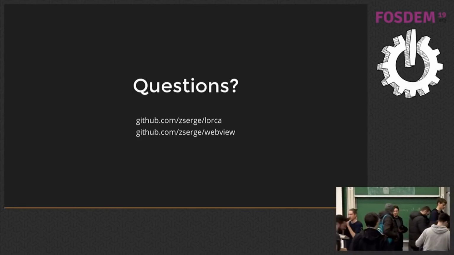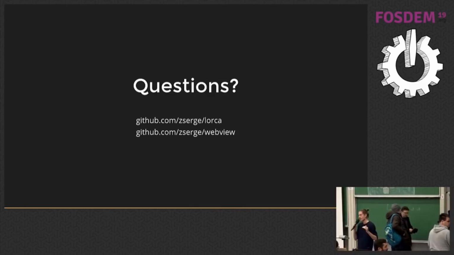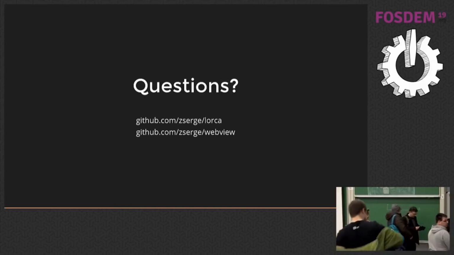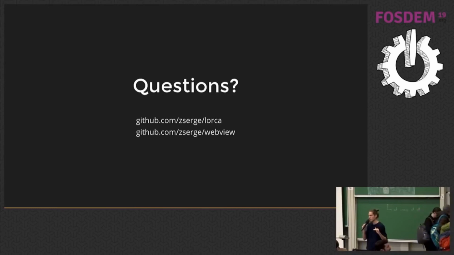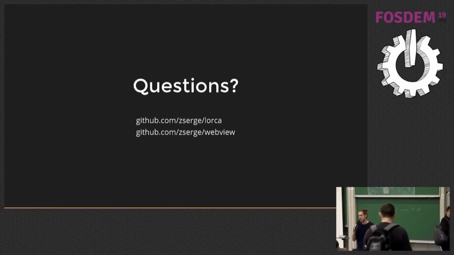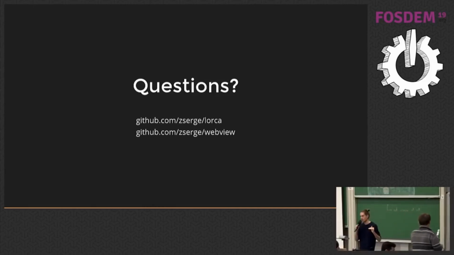That's a very good question. So for Lorca, yes, you don't need to transpile anything. You may not use Babel. Everything is out of the box because Chrome is a decent browser. For WebView, the lowest common level is Internet Explorer 11, which is fairly terrible. If you don't want to target Windows 7, Windows 8, then your lowest denominator is Edge, which is very decent. You can use Promises, you can use ES6 without Babel.